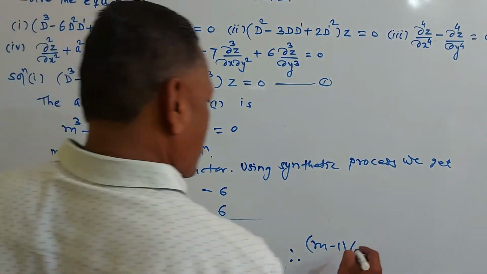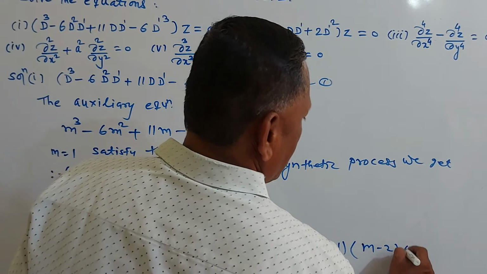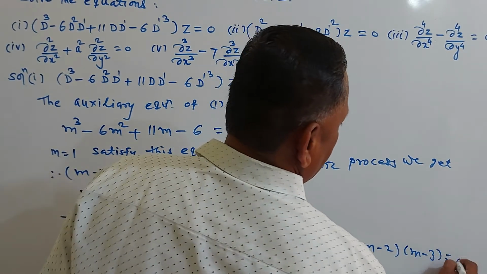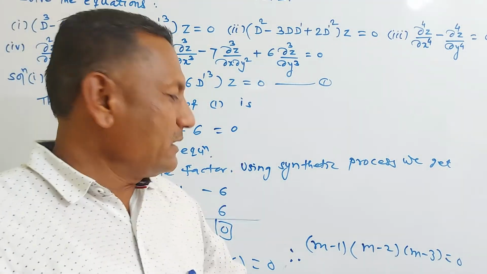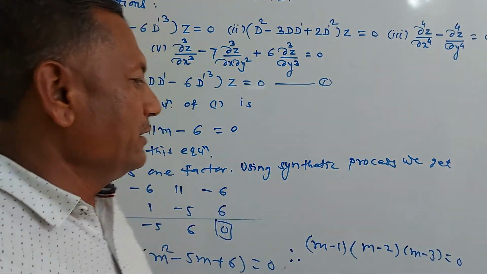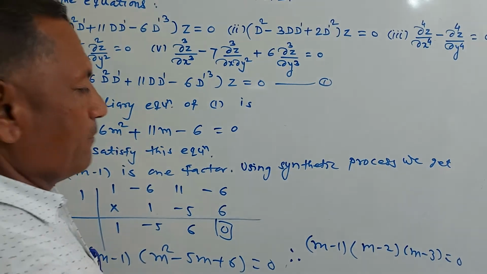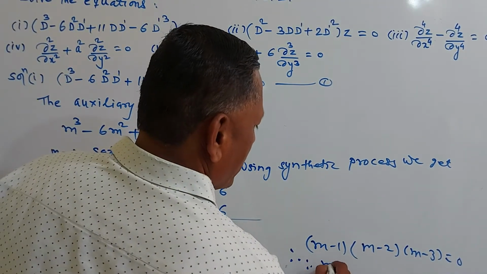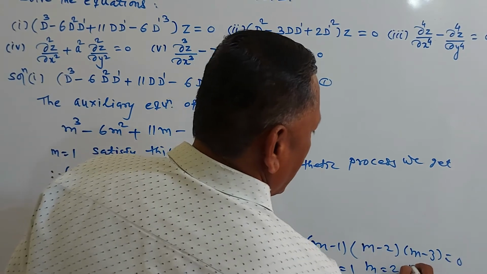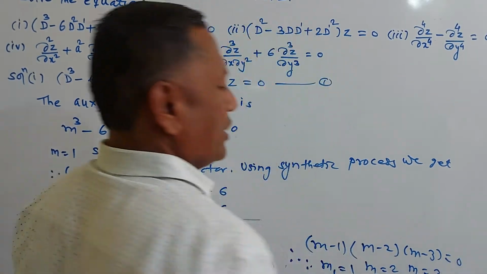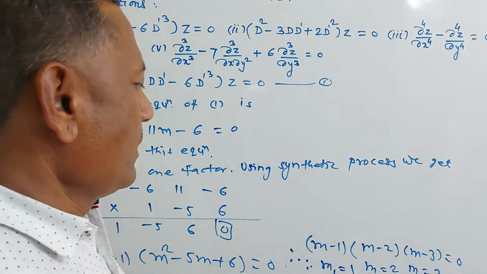So its factors are m minus 2, m minus 3 is equal to 0. So here you get m minus 1 one factor, m minus 2 another factor, and m minus 3 the third factor. Therefore your roots are m1 is equal to 1, m2 is equal to 2, and m3 is equal to 3. So you get 3 roots.